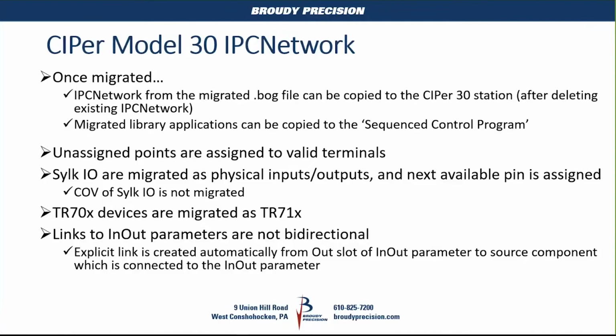And once the baseboard runs out of IO, then it'll add the expansion modules as needed to create your controller and the application. If it's an older Spyder and you're using TR70, it'll migrate over as a TR71 in the software. And this last item here, links to in-out parameters are not bidirectional. That goes back to what I was explaining about the set points and the SBus wall module links.